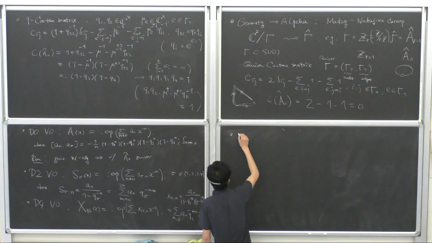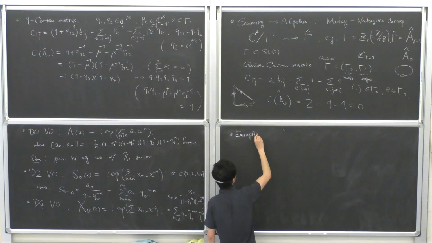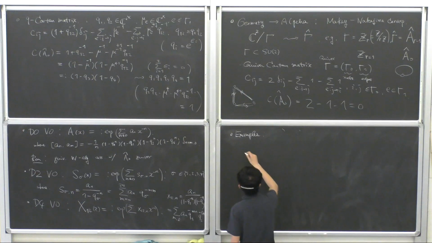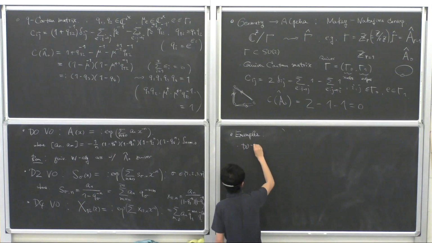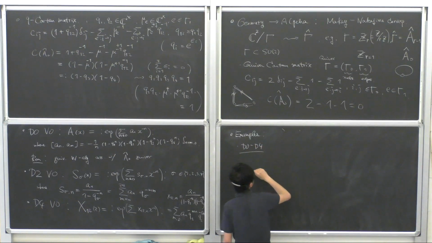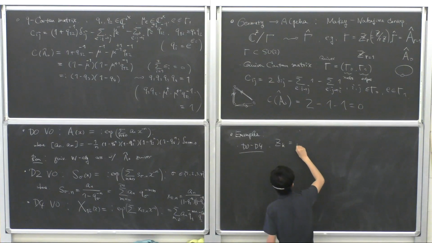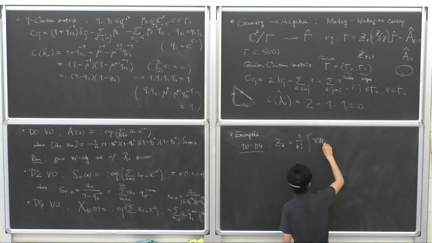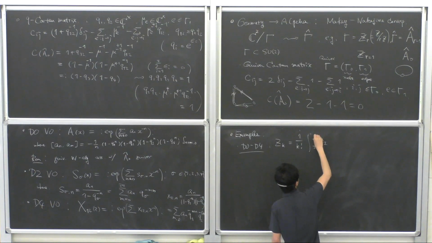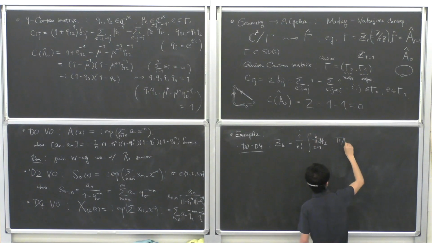Okay, for example, there's certain examples. The first is this D0, D4. In this case, let's think about the Z_k as a k factorial of this product of a minus 1.